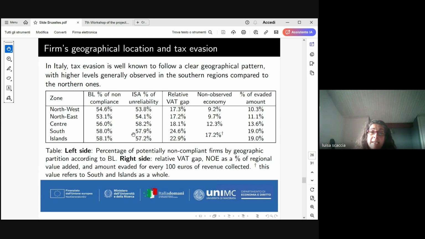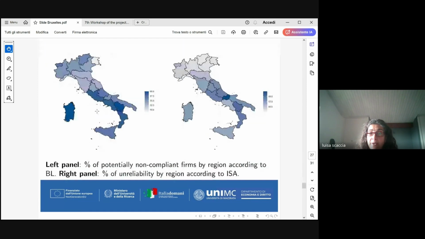You can clearly see that we have a higher level in the center and the south compared to the north. And these are the results we get using the Benford law, which are very similar in absolute value to those provided by the ISA index, and reproduce the same pattern with higher values in the south and the islands and smaller values in the north.